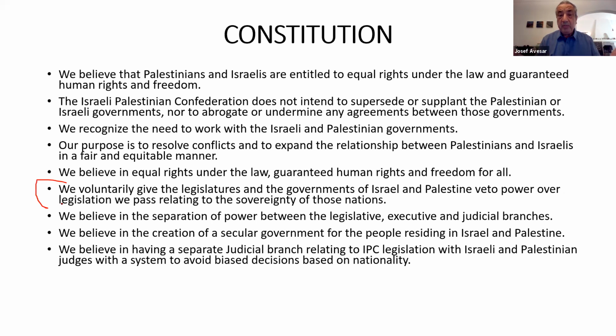Every parliament member, just like every US Congress member or senator, has to pledge allegiance to the Constitution. So whoever, Israeli or Palestinian, pledges allegiance to the Constitution, then you could be elected.